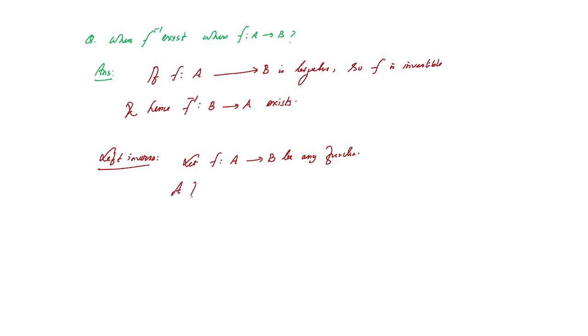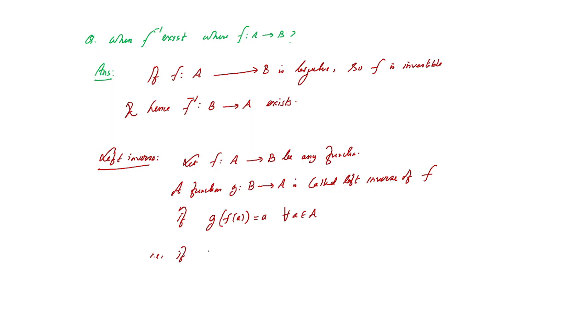A function g from B to A is called a left inverse of f if g of f of a equals a for all a belongs to A. That is, if g composed f is the identity map on A, because g composed f of a equals a for all a belongs to A.